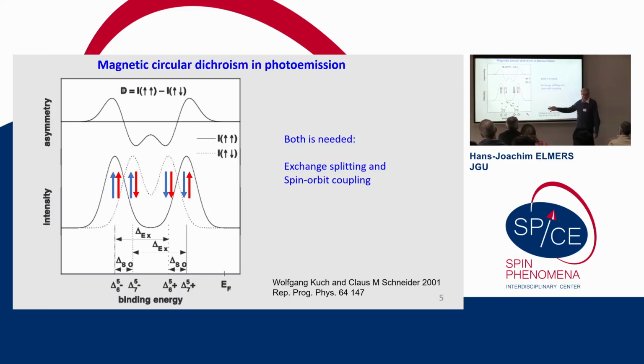In these materials, you have exchange splitting, as I've explained already. The exchange splitting splits states with spin up from spin down states. Blue stands for the spin direction. So the exchange splitting splits the blue spin up from the blue spin down vectors.